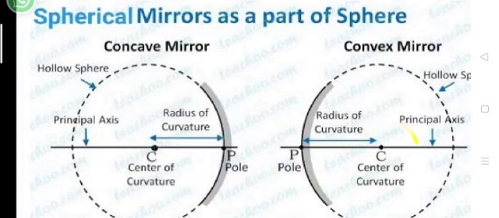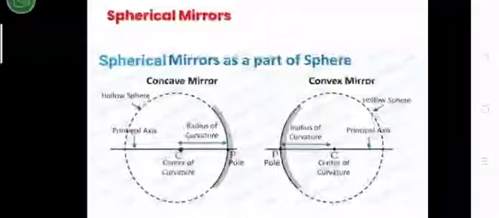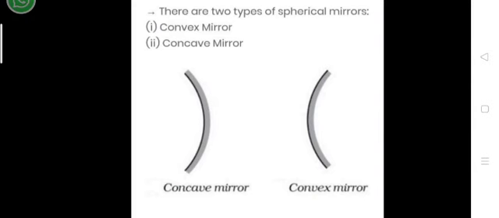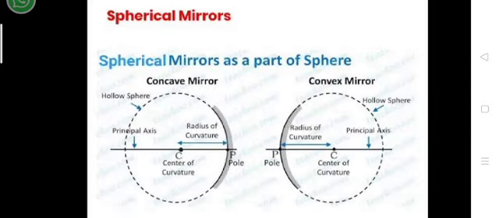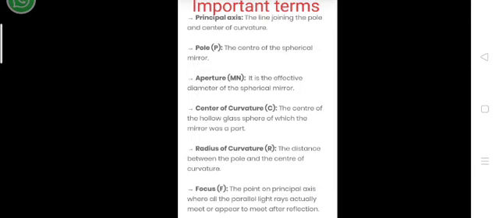Clear? Okay. So the pole is the center point of the mirror, and C is the center of the sphere, known as the center of curvature. So what is the principal axis? A line passing through C and P is known as the principal axis.